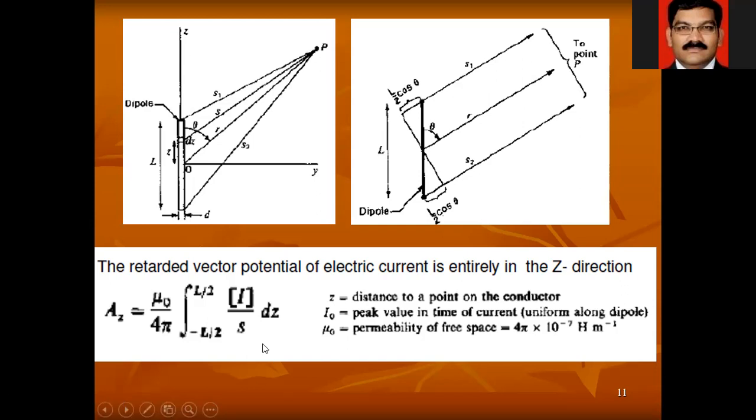So this is minus L by 2 to L by 2, and we are taking the current element I by S over this length, dz. This is the formula for the vector potential. You will get this from the electromagnetic basics that we have taken.